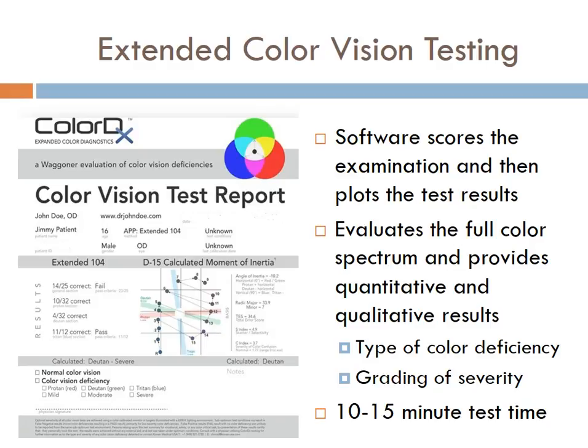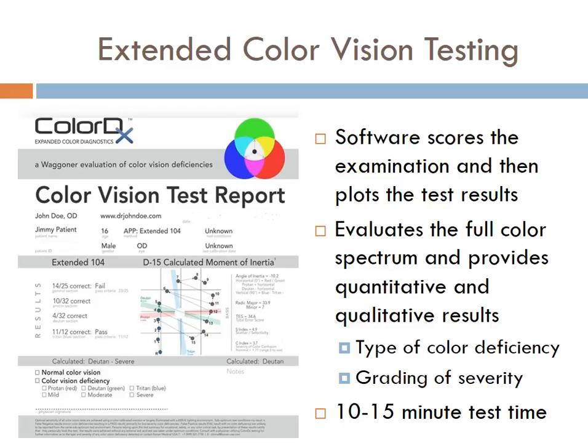Just to give you a little bit more info, the Color DX produces an output that looks like this, just so you can see it. Where you see all this stuff is all computer generated. The doctor's not doing anything. And what makes a test extended, and why the D15, the D100, the anomaliscope, the Color DX, the Cone Contrast test, these are all extended tests which are reimbursable as opposed to screening tests which are not.